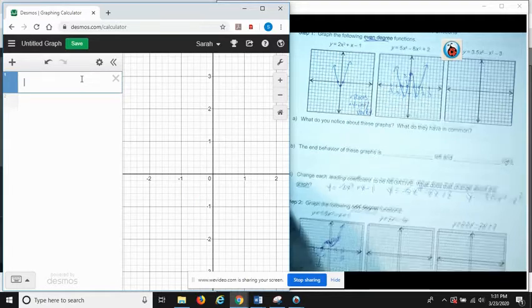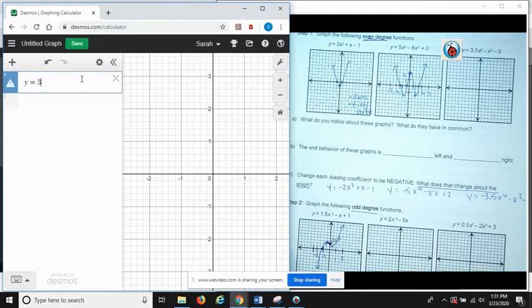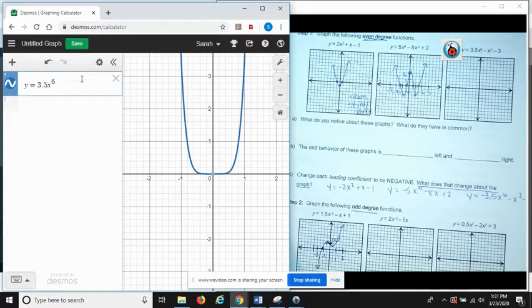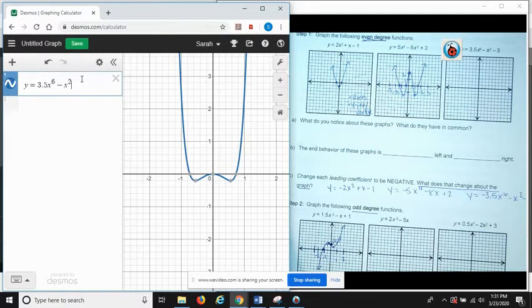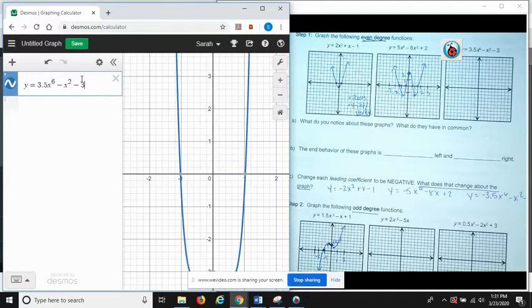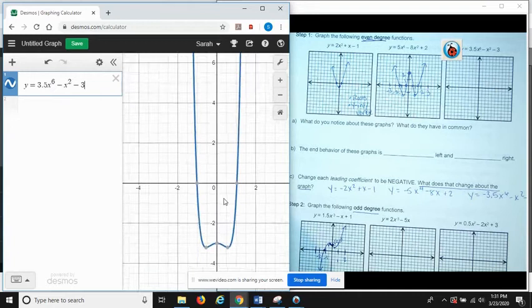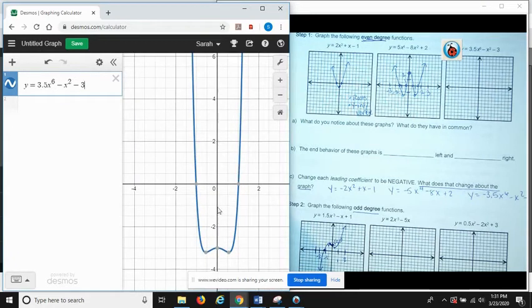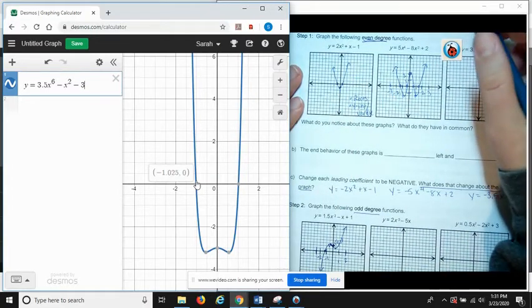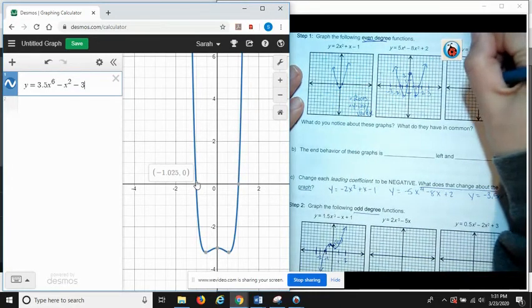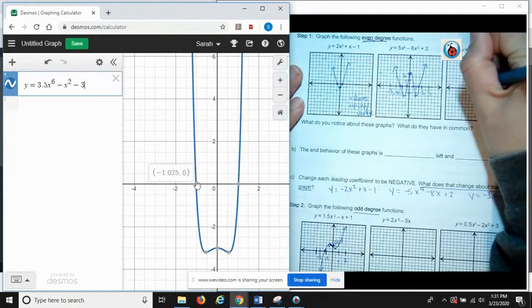And then y equals 3.5x to the 6th minus x squared minus 3. Okay, I'm going to zoom out so that I can see all of this stuff. It looks like I have intercepts at a little less than and then bigger than 1 on each side. I'm going to do the same sort of thing.